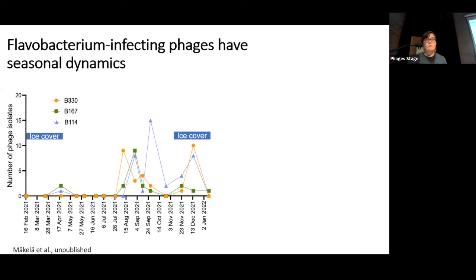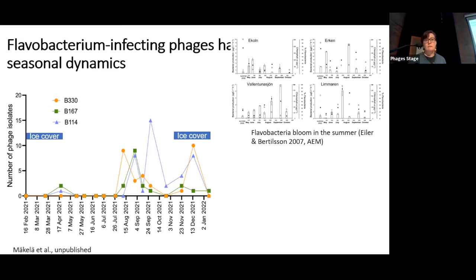Now we don't know the abundance of the flavobacterial hosts in this data set until we have the genomic data available. But it has been shown in other studies, with data collected from different lakes in Sweden, that flavobacterial blooms are connected to seasonal variation, and they usually occur during the summertime.